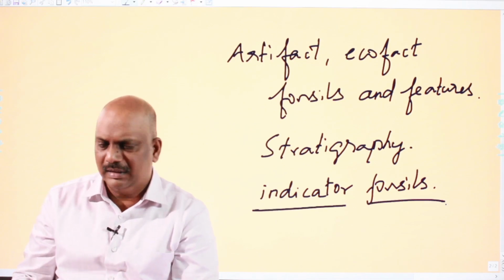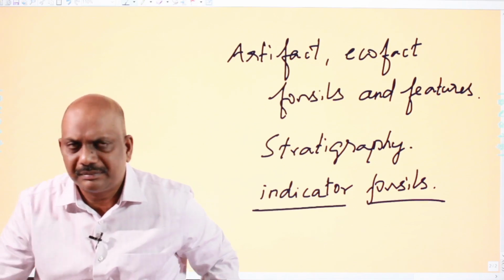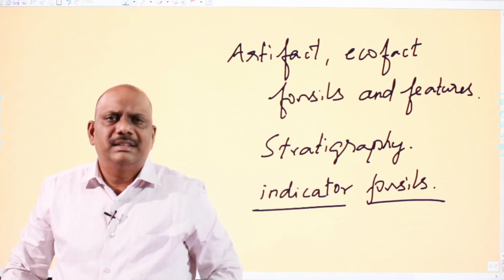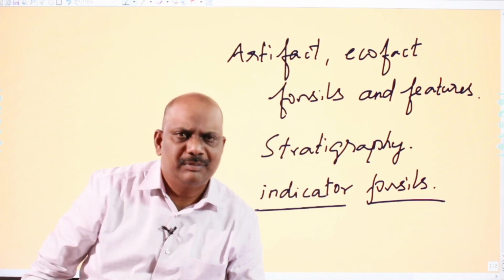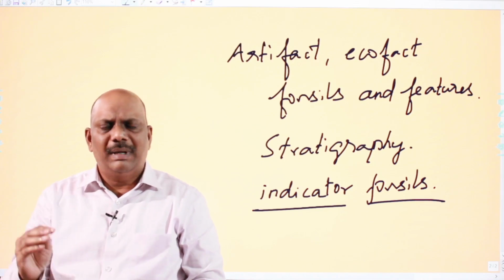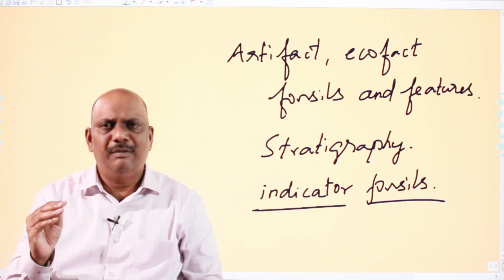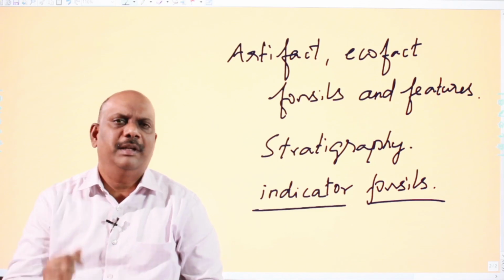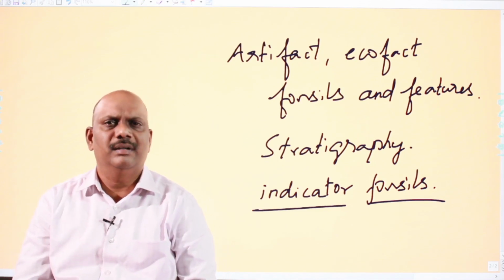Hope you will not forget these indicator fossils. Indicator fossils, right? These may be animals or even plants which lived only for a brief period, not for a very long period.